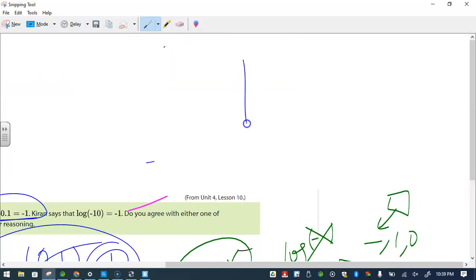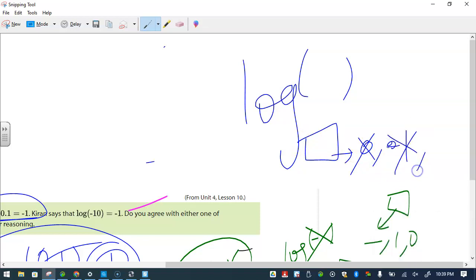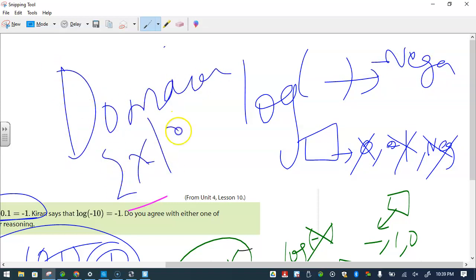So basically what I'm trying to say, if you have a logarithm of something to some base, remember the base cannot be 0, cannot be 1, cannot be negative. And this part cannot be negative also. So you have to take care of it. So the domain of this is anything x, but x should be greater than 0, all real numbers greater than 0.